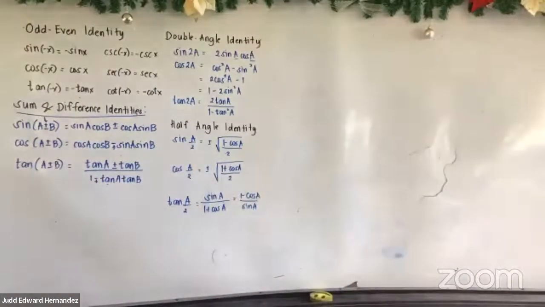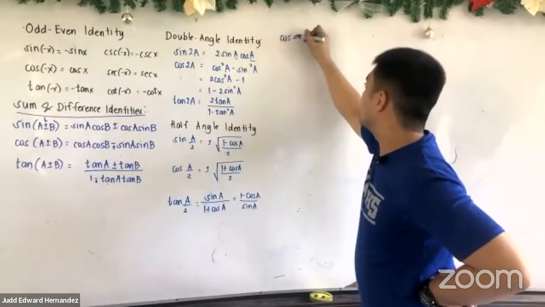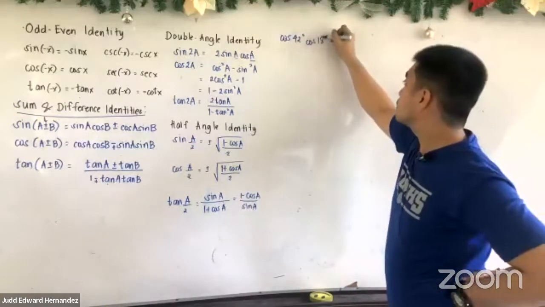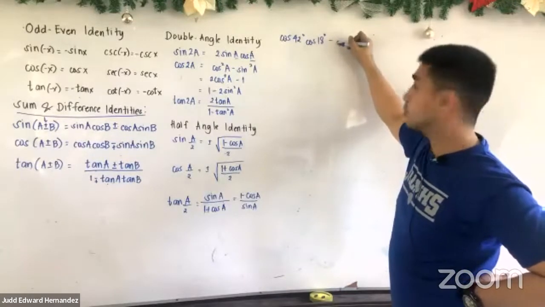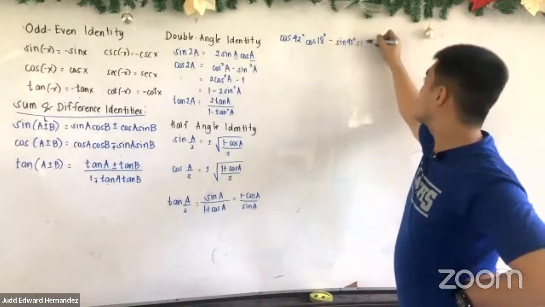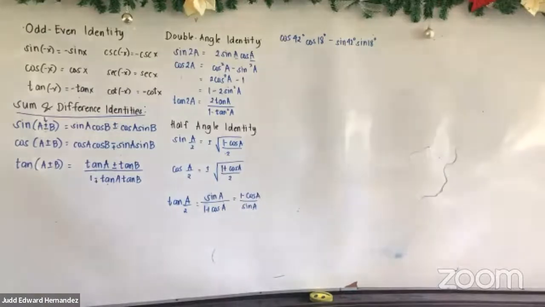Okay, what if binigyan ka ng ganitong example? What are we going to do? You're asked to evaluate cosine 42 degrees, cosine 18 degrees, minus sine 42 degrees times sine 18 degrees.